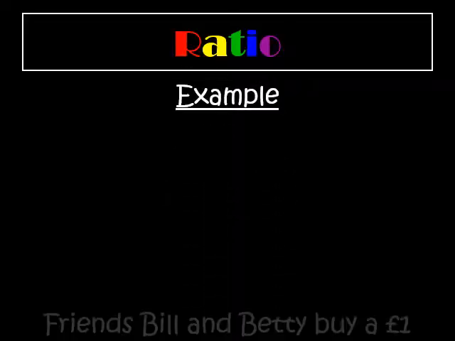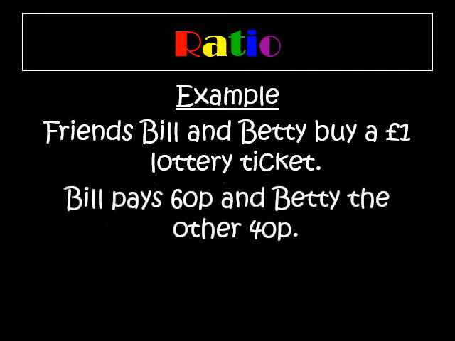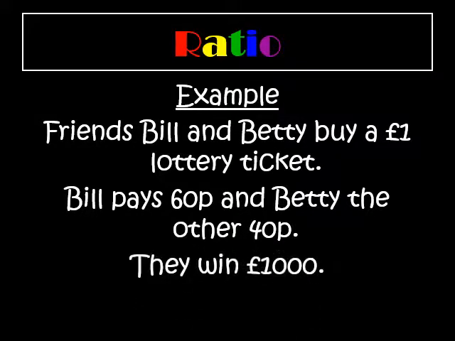Another example. Friends Bill and Betty buy a £1 lottery ticket. Bill pays 60 pence and Betty the other 40 pence. They were having money like that. Bill had 60 and Betty had 40. They bought the lottery ticket. You know what happened? They won £1000.